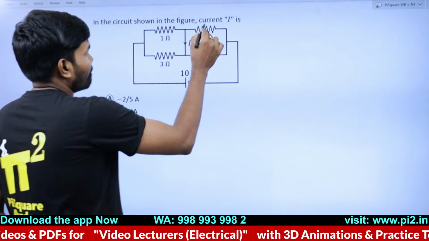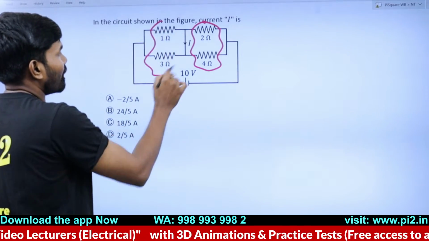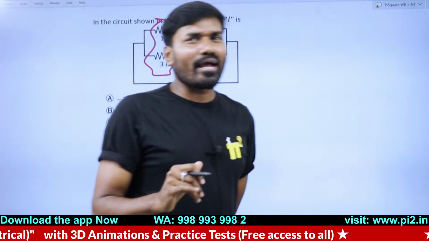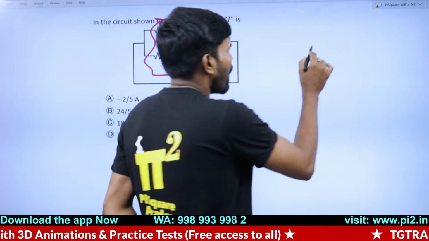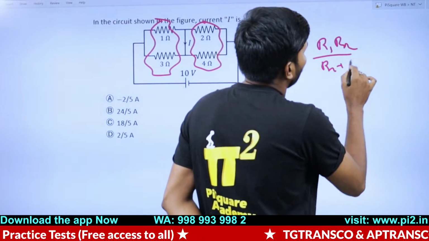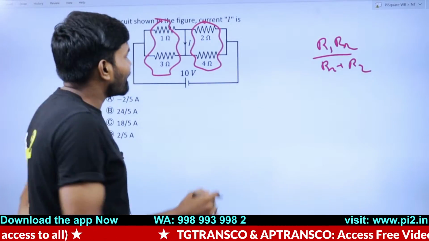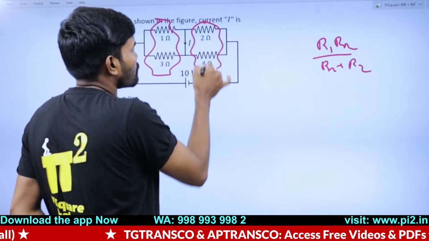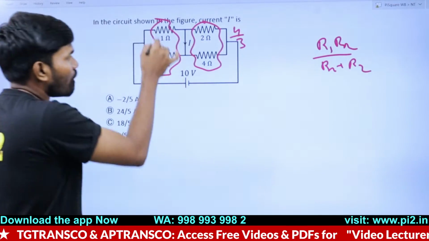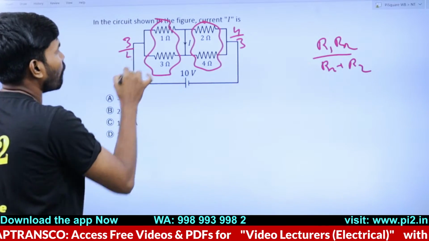Yeah. These two are in parallel. For a parallel combination, you don't always have to do R1 R2 by R1 plus R2. There are some beautiful tips you can use. With that tip, I can directly write that these two in parallel give 4 by 3. And this combination, directly without doing anything, I can write as 3 by 4.